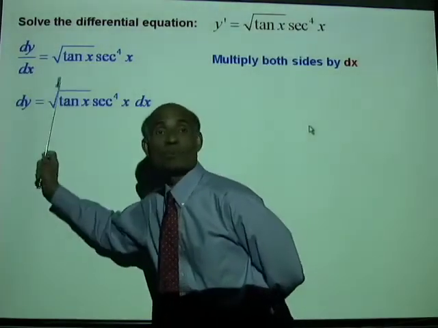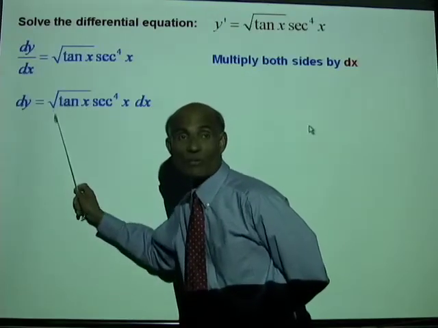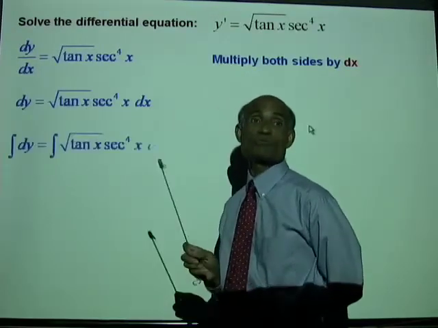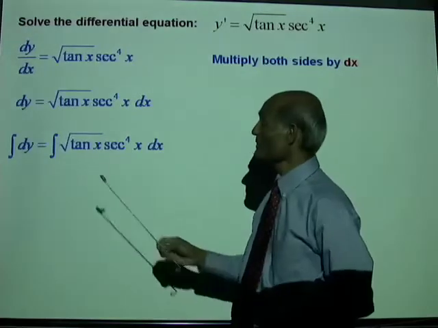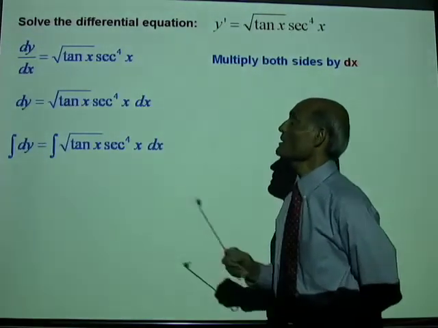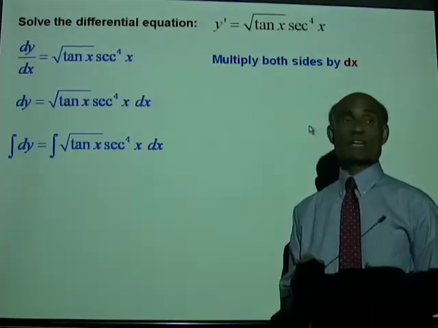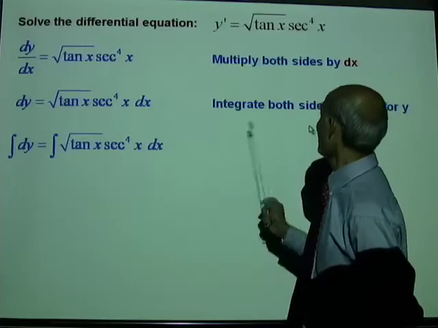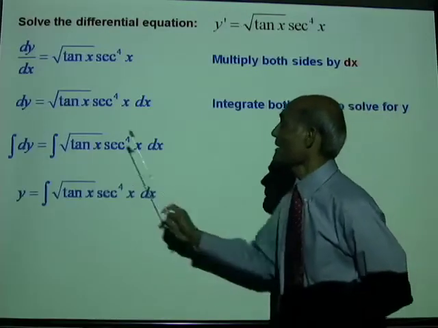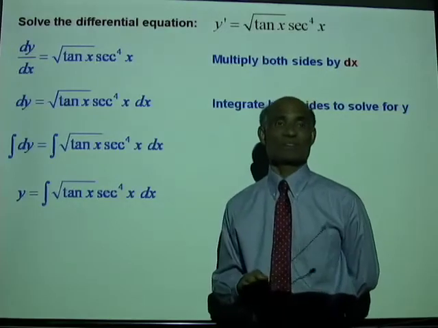And now integrate both sides. Integral dy will give you y, and y will therefore be the integral of the right hand side. So y equal to integral square root tan x secant to the power of 4x dx.